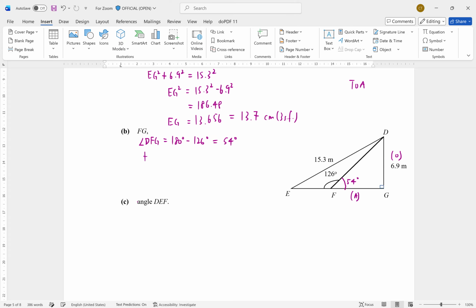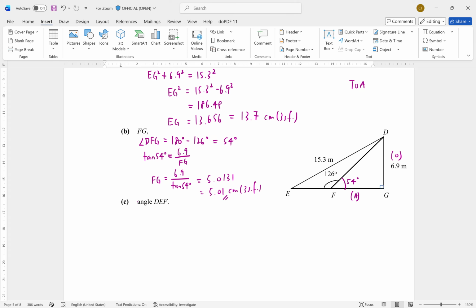So tangent 54 equals opposite over adjacent FG, so FG will be 6.9 over tangent 54. Let's calculate: 6.9 divided by tangent 54 gives 5.0131, so 5.01 cm. That'll be the answer.